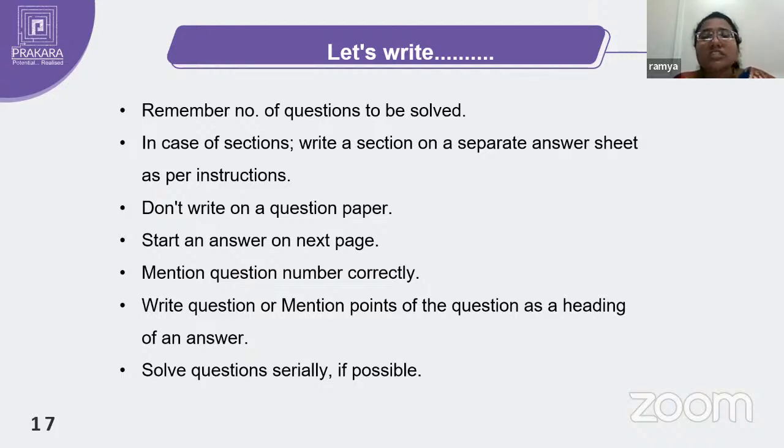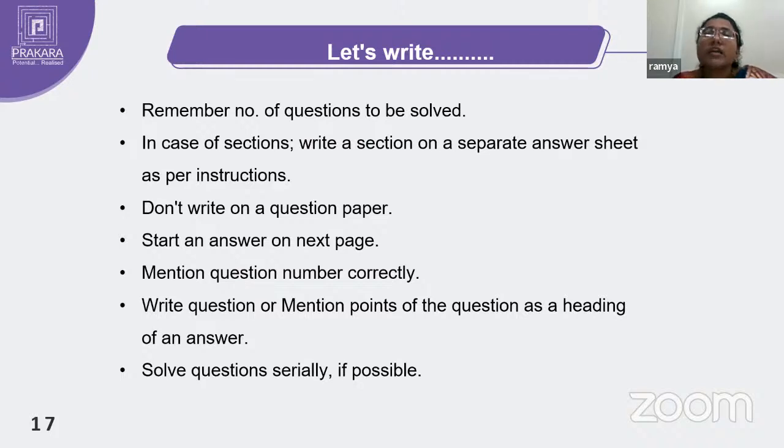In case of sections, write each section on a separate answer sheet as per the instructions. Here in your model paper, there are 4 sections. If you have completed the first section and are about to write the second section, the second section should be written on a separate paper.